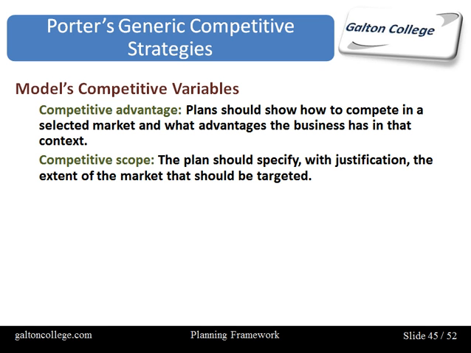There's also something called competitive scope. The plan should specify with justification the extent of the market that should be targeted. Introducing perhaps a new product into the market doesn't mean it's going to overlap completely with a previous product.